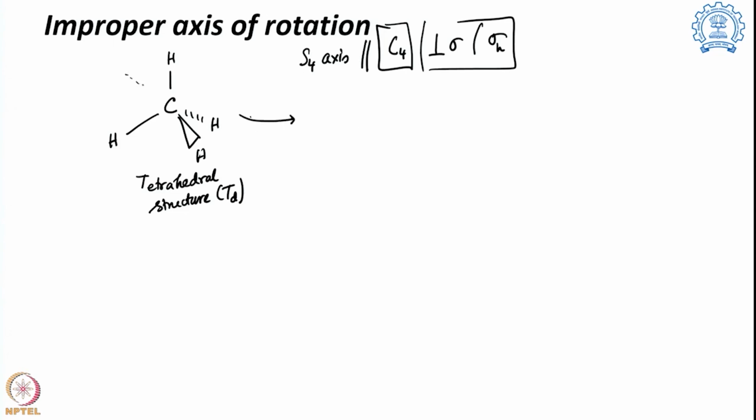I want to do the rotation around this axis, and I want to bring that axis over here along with the CH bond. So, I am going to rotate the full molecule, and this is how it is going to look. I am doing that because this way we can understand the possible presence of the C4 axis better.